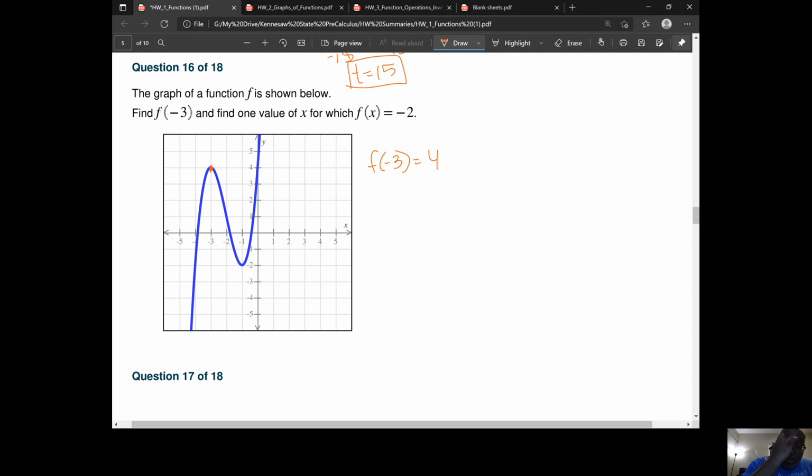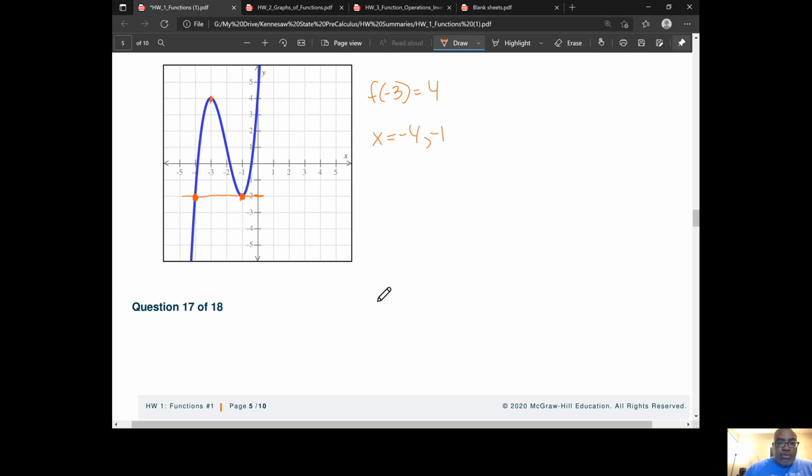For here, we want to find f of x is equal to negative 2. So there are two values where f of x is equal to negative 2, here and here. So x can equal negative 4 or x can equal negative 1. They only ask for one, but I gave you both of them.